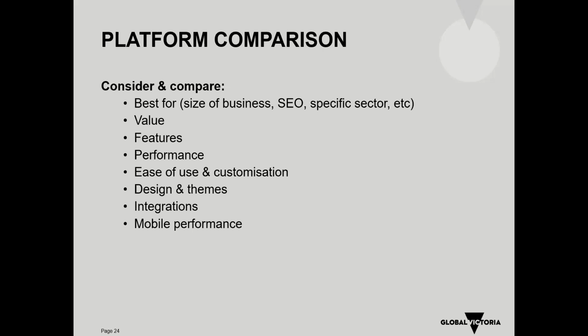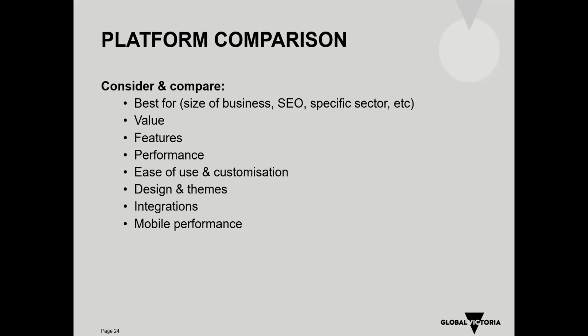Also look at the features offered by that platform and how easily you can use them. What is the performance of the platform? And look at reviews. If you look at online reviews of all the platforms that you're considering, you will get answers to all of these questions from users of the platform. How easy is it to use? How easy is it to customize? What are the design themes that are given as stock standard? And again, you might have a small selection that is offered for free as part of your initial contract.